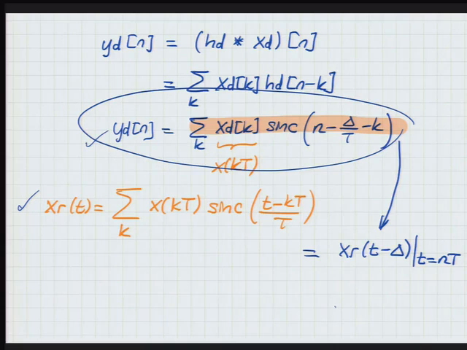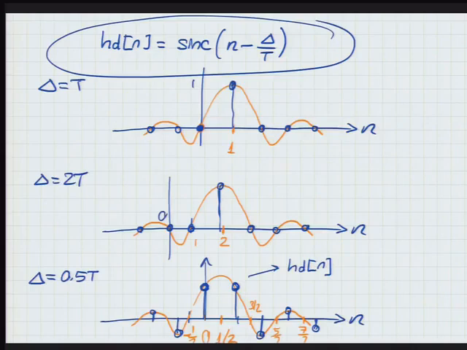All right? So what I just wrote gives us a lot of insight about what's happening here. Although this looks very complicated, this impulse response for a fractional delay is actually trying to reconstruct what the signal would have been at the midpoints.